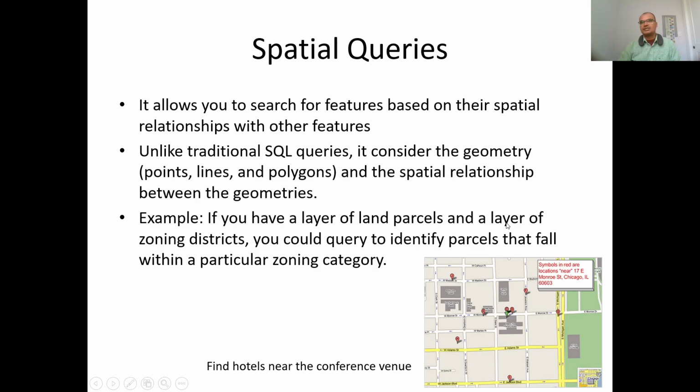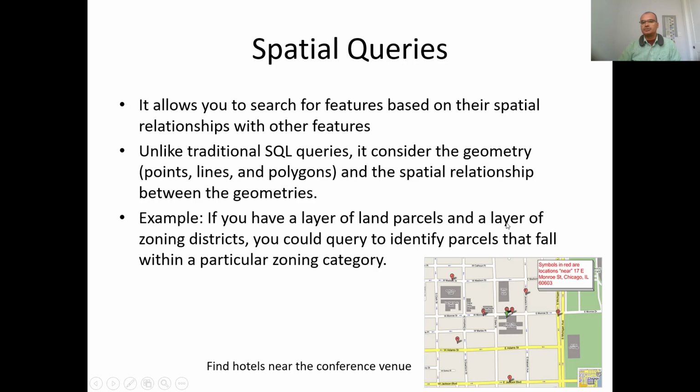Say, for example, you are searching for a hotel or restaurant near your location in Google Maps or a similar app. You are able to get a list of hotels near you because at the back end those apps apply this spatial query based on the distance from your location. Sometimes you can refine that information based on distance and limit it to within 1 kilometer or within 1 mile, to see which hotels or restaurants are available.